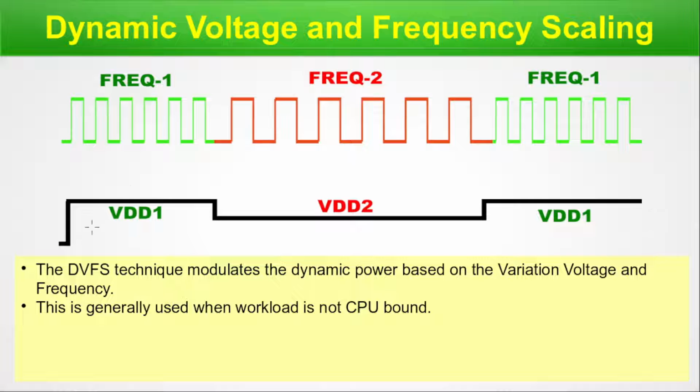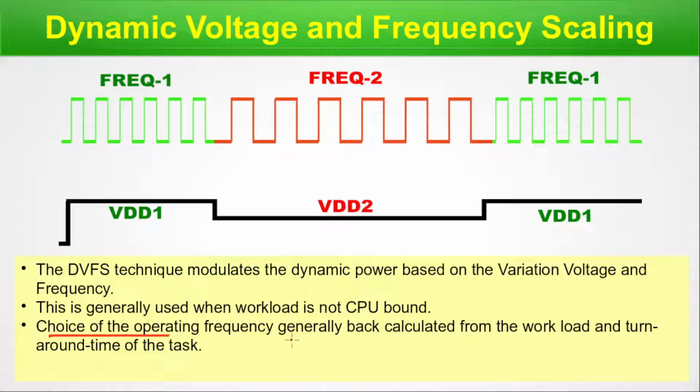So there is a mapping: with VDD1 we have frequency 1, with VDD2 we have frequency 2, and with VDD1 again we have frequency 1. This is our clock and this is our VDD. We have shown only two VDDs here. In actual practice, there might be multiple VDDs and multiple frequencies, but for easy understanding we have kept it simple.